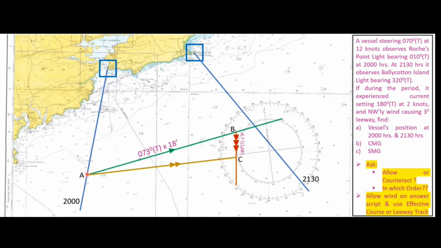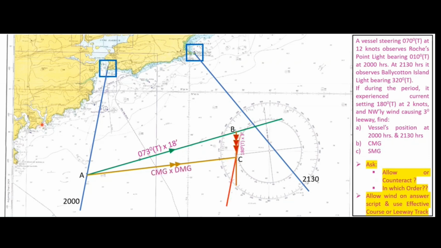Because if the vessel was at point A, steering 070 degrees true at 12 knots, experiencing wind and current as given in the question, then she would have done this effective course, and this current would have brought her to C. So point A gets transferred to C.